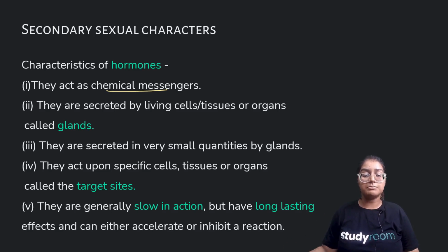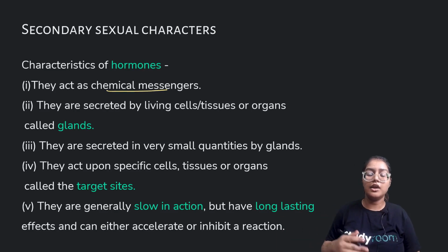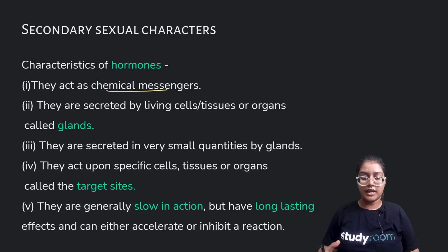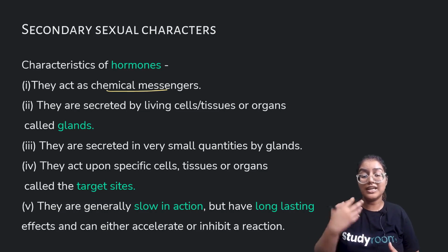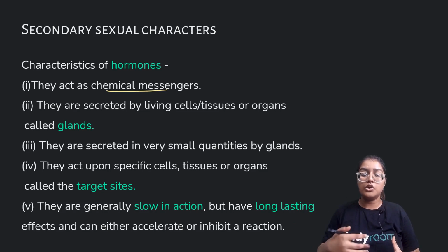So they act upon specific cells, tissues or organs, which we call target sites. They are generally slow in action but have a long lasting effect and can accelerate or inhibit a reaction. So the glands can also increase the quantity of hormones and can also stop the quantity of hormone.